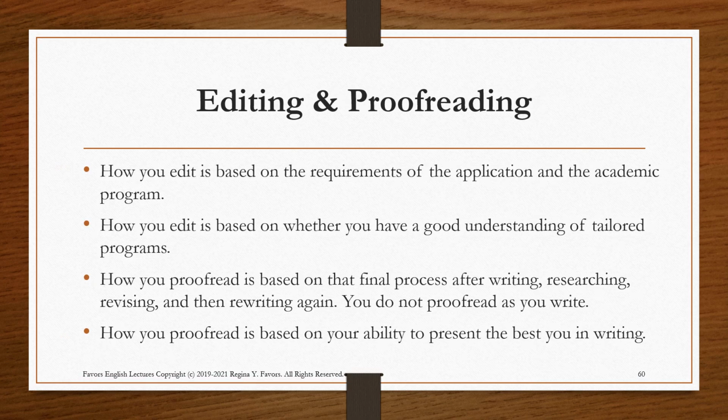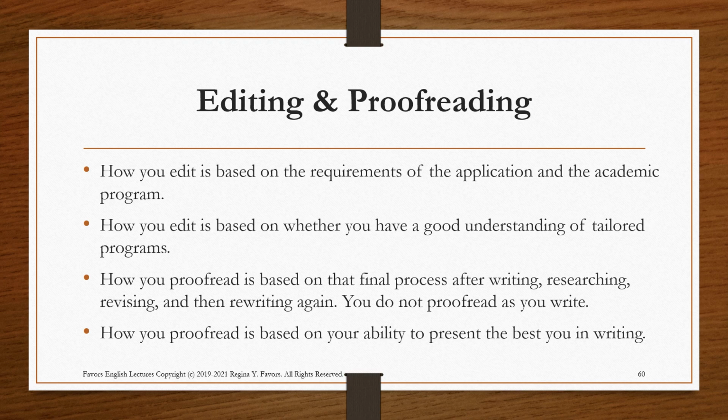So editing and proofing: how you edit is based on the requirements of the application and the academic program. How you edit is based on whether you have a good understanding of tailored programs. How you proofread is based on that final process after writing, researching, revising, and then rewriting again. You do not proofread as you write. How you proofread is based on your ability to present the best you in writing.